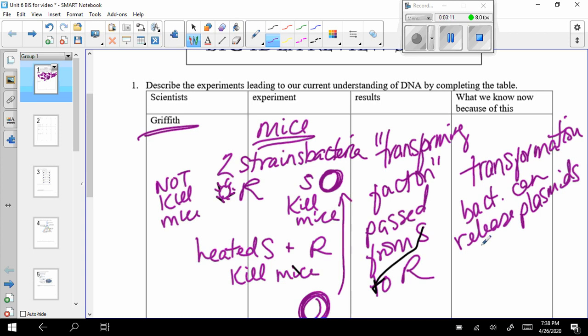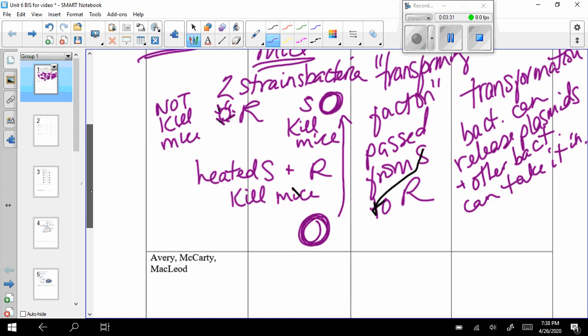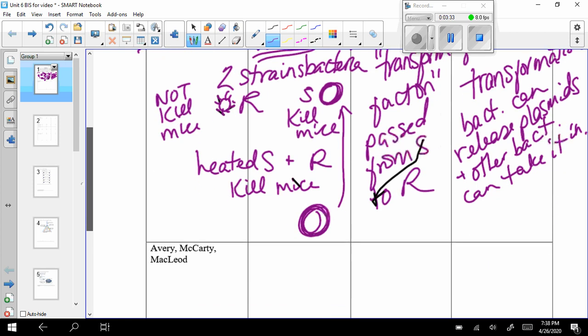So they can release the plasmids and other bacteria can take them up. And if another bacteria takes up that DNA and actually transcribes it and translates it, it will be able to make the proteins that the first kind of bacteria had.